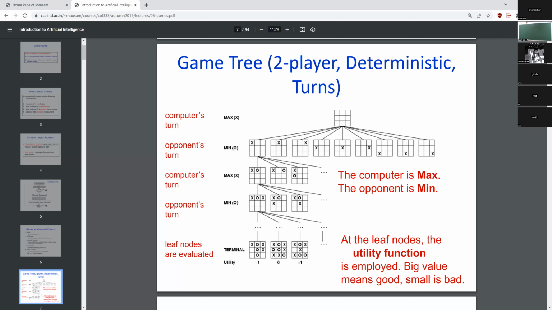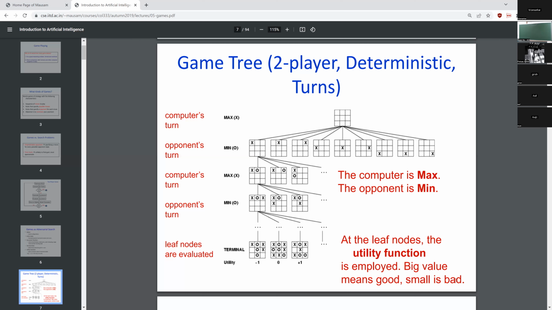So 9 into 8 nodes will be the possible outcomes of the game after two moves, one move by the AI agent, the max player, and the other move by the opponent, which is the min player. Right? Is the discussion making sense so far?